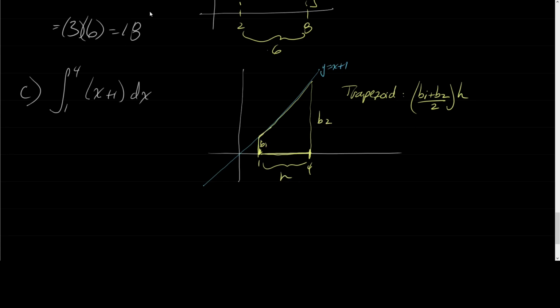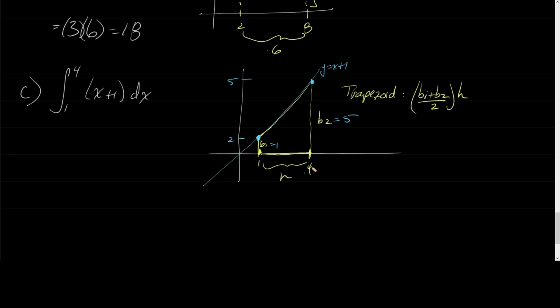So, well, what are those values? Let's see. If I plug in 1 into my function here to figure out this height, right, this point right here, so 1 plus 1 is 2, so this is at the height of 2. So that means my base 1 is 2. If I plug in 4 into here to figure out what this height is, well, 4 plus 1 is 5. So that's at the height of 5. So base 2 is 5.